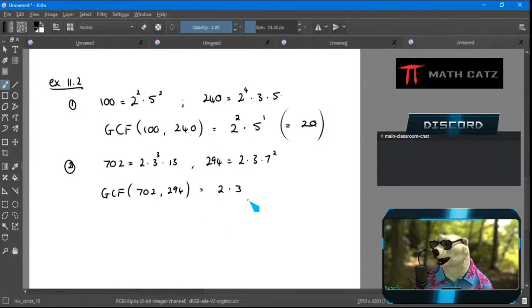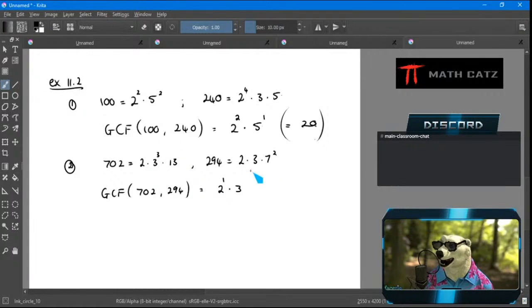Now, with the prime numbers that I have in my answer, I want to have as many of them as possible. 702 says, I only have room for one 2, sorry. 294 says the same thing. So one is unfortunately as far as we're going to be able to go with the 2's. 702 says, yeah, you can have up to three 2's, I'm going to be fine if you have that.